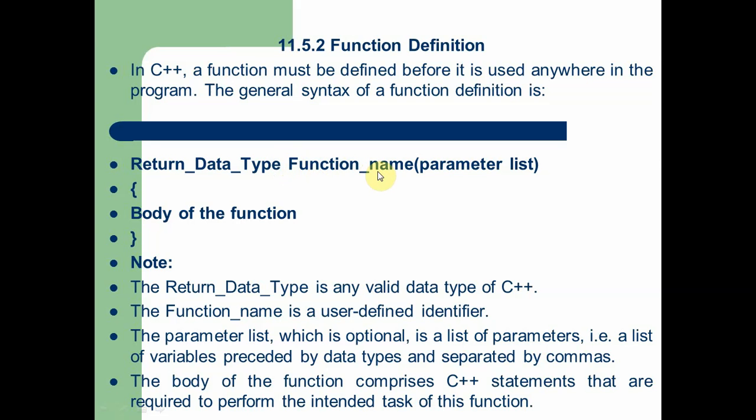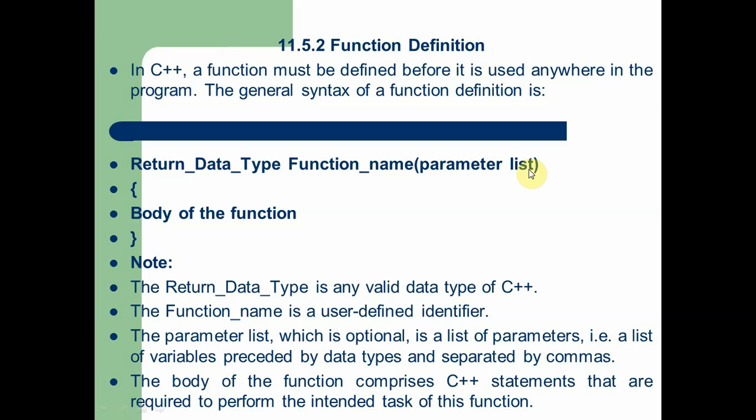The function name should be a valid user defined name. It should follow the rules of declaring a variable name, and within the parentheses, if there is any input for this function, that input can be declared. That is called the parameter list.